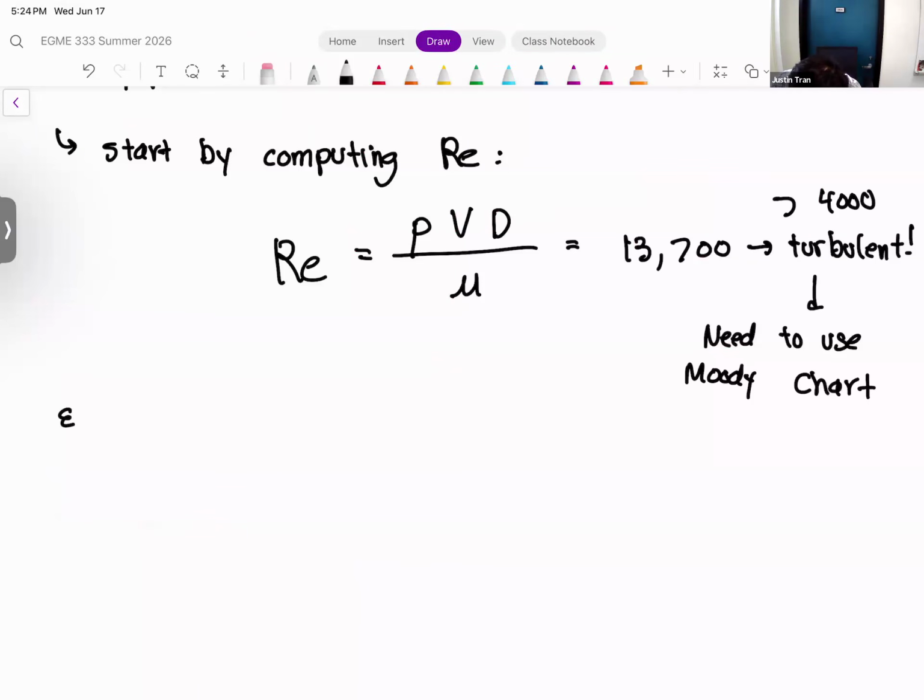The ratio of the surface roughness to the diameter here is our surface roughness, as given in the problem, 0.0015 millimeter. So this is a fairly smooth pipe. Our diameter in this problem was 4 millimeter.